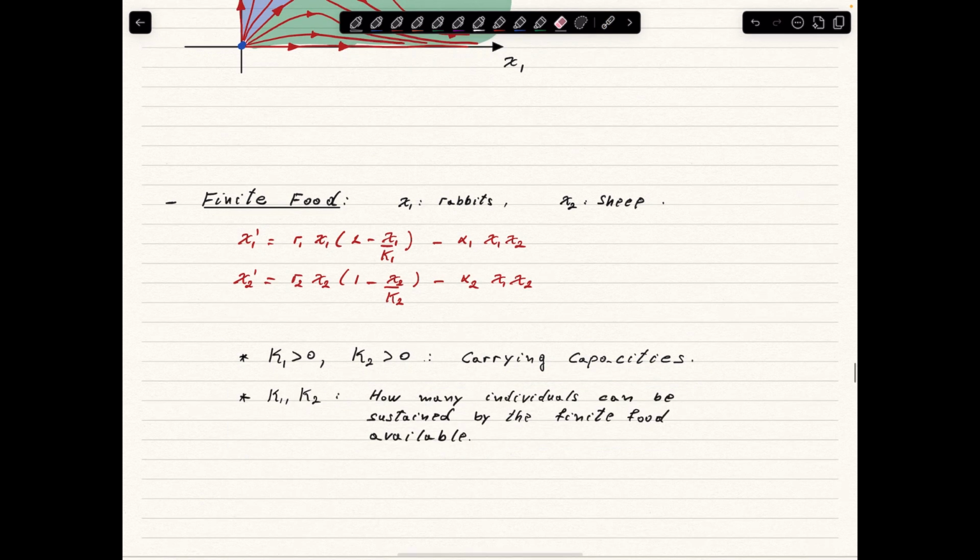And these constants quantify how many individuals can be sustained by the finite food resources available. So this is the system we want to study, the competing species with finite food resources.